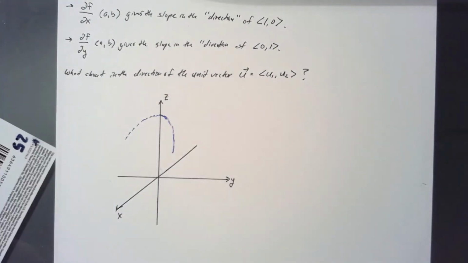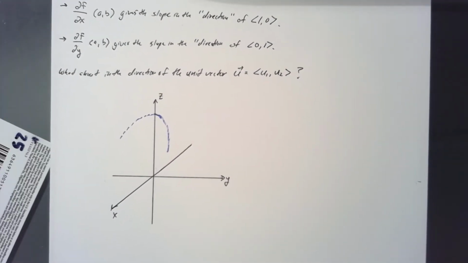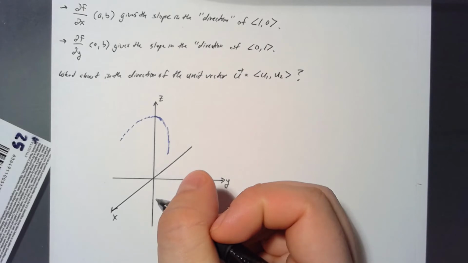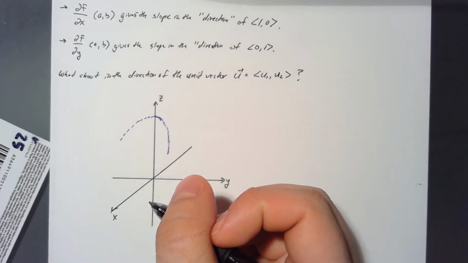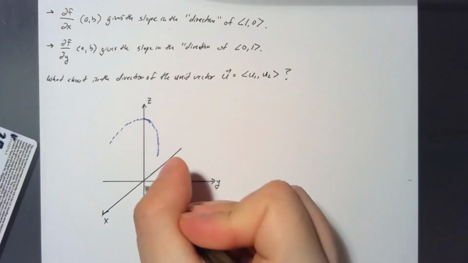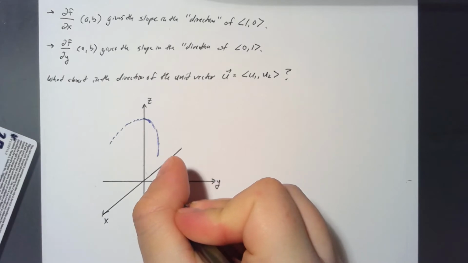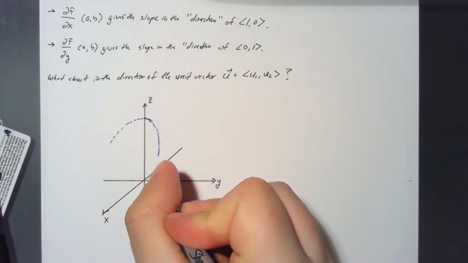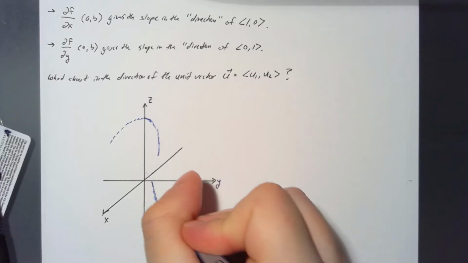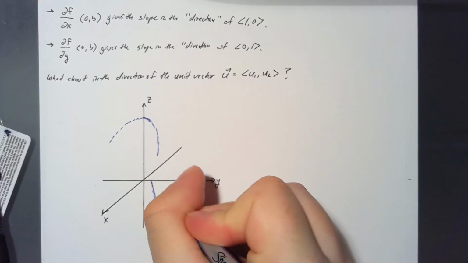And let's just say we have a vector that looks like this. Here's the unit vector.